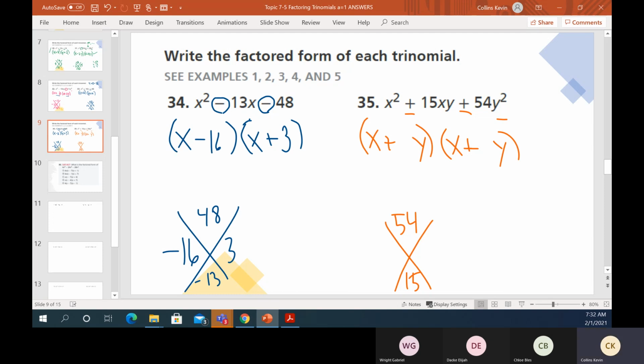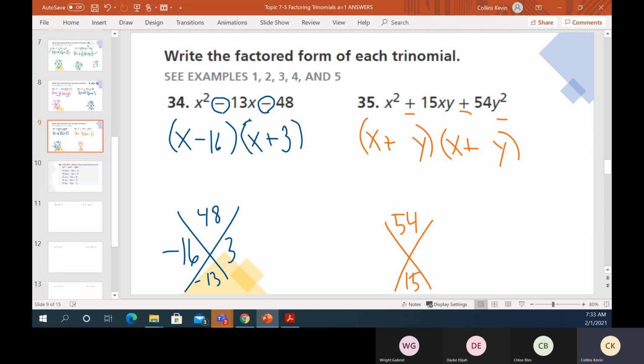So can you divide 54 by 6? And if so, what's that give us? But you guys don't have calculators either? Okay, that's cool. 9 and 6, yeah, good, Chloe.